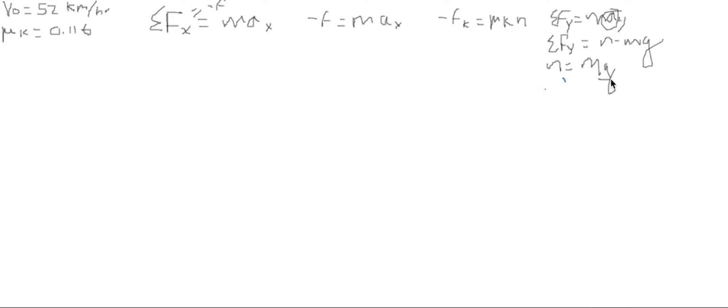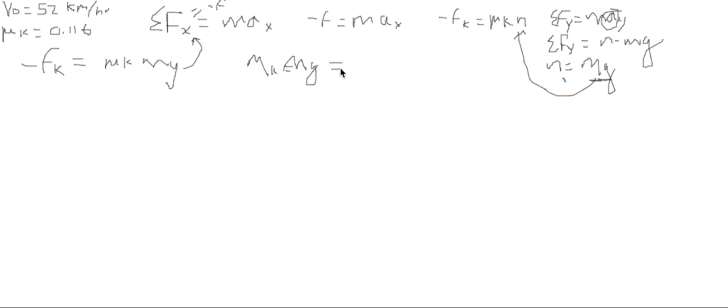And we can plug this in for N, and we get the frictional force, kinetic force, is equal to the coefficient times the mass times gravity. And then we can take this right here and plug it in for this value of frictional force, and we get mu k m g is equal to the mass times the acceleration in the x direction.